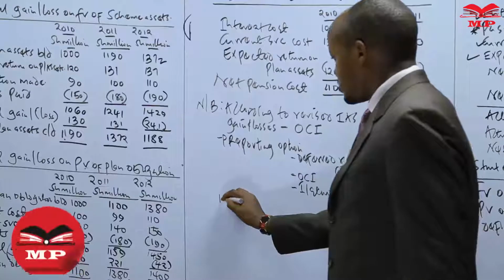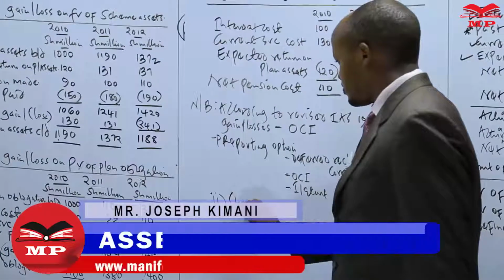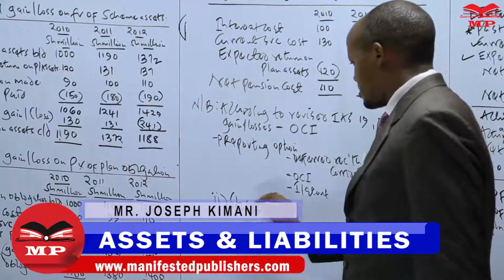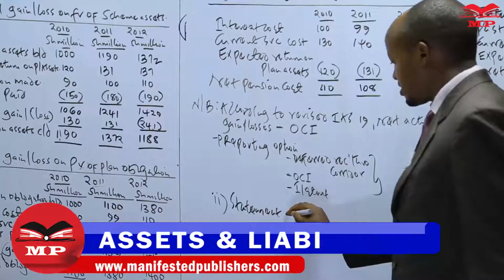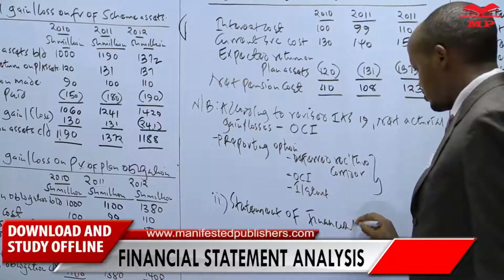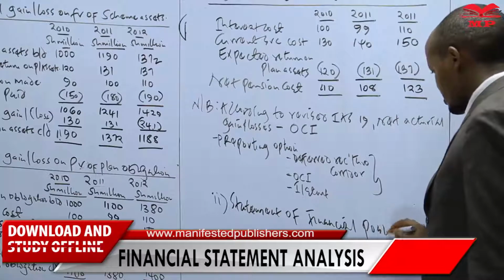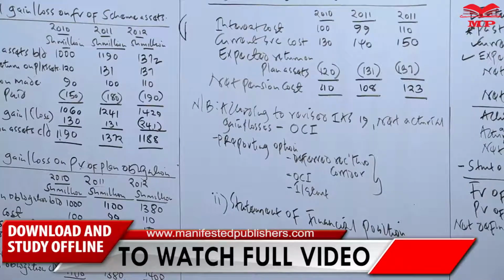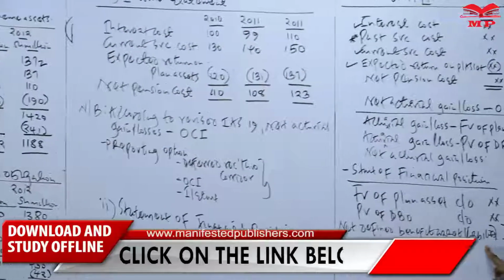Then Roman 2 of the question, we are required to compute the item to be taken to the statement of financial position. Remember, what we said here is that what an entity should take now to the statement of financial position is what is known as net defined benefit asset or liability.